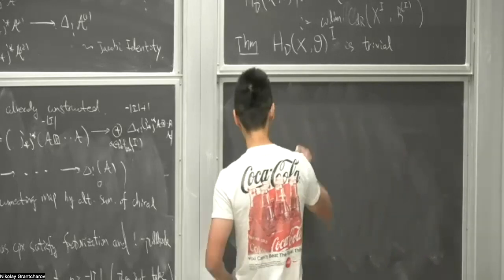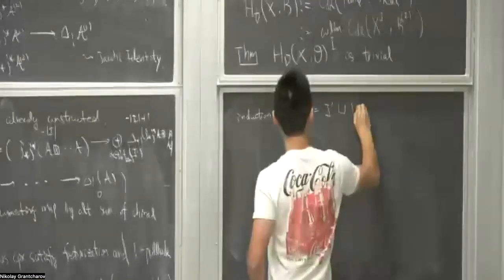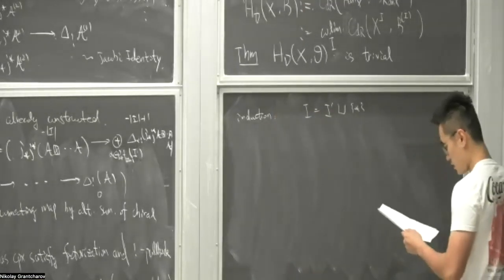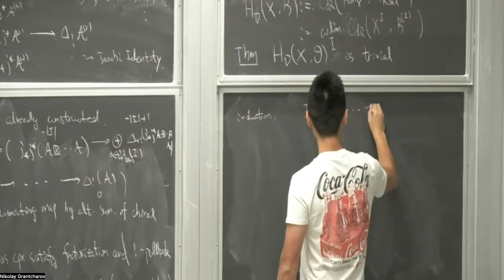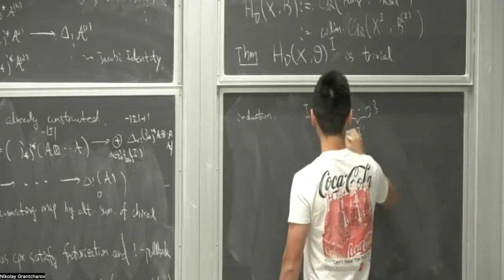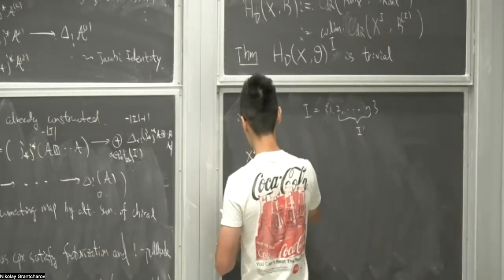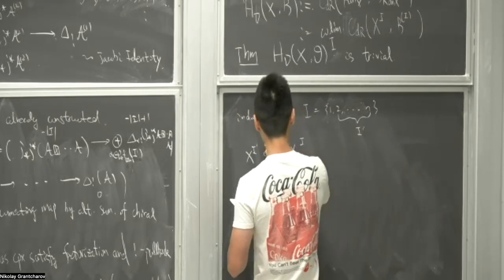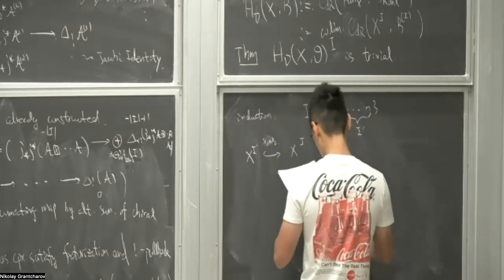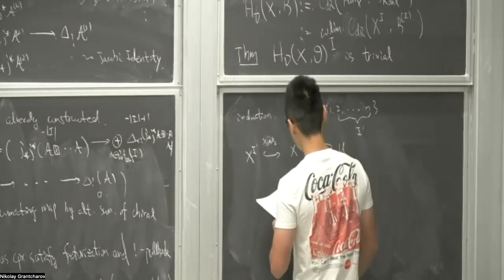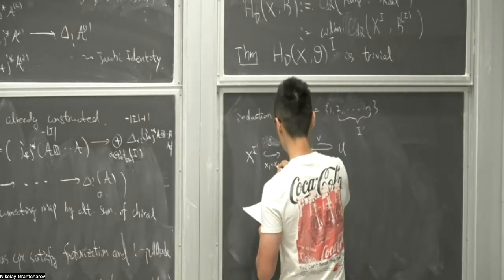So then we'll consider I prime. We'll reduce the dimension. I call this I1. Now I can consider X^I prime, where x1 equals x2, whose components are open.